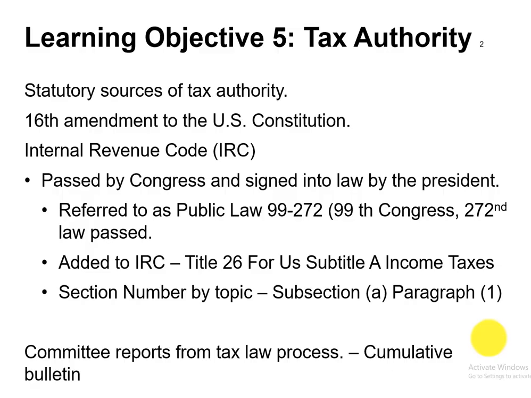The most recent one, the Big Beautiful Bill, BBBA, or whatever they refer to it as, officially had a public law number for the Congress and the number in that session. That's one reference to it, but that's hard to work with.